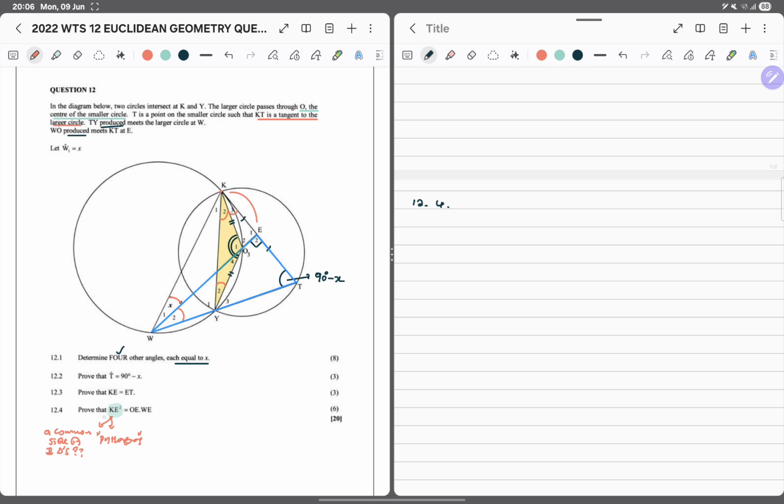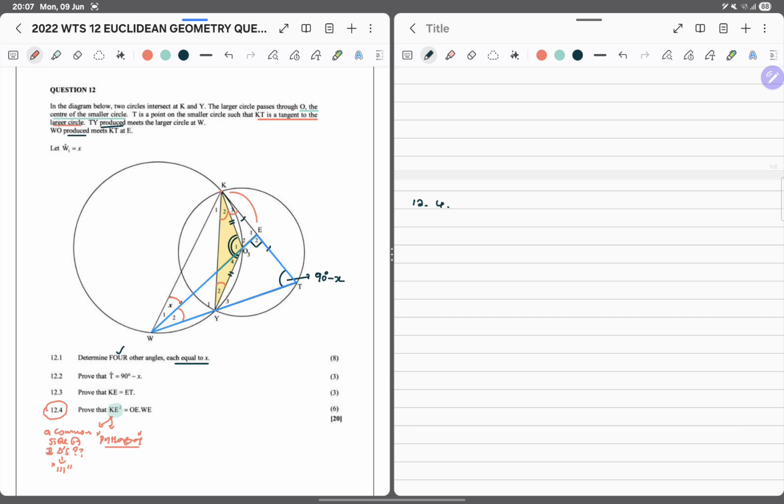So if we look at that KE, because once you see a square, just know it's a common side of 2 triangles that are similar, right? The triangles have to be similar. Then we know the proportionality of the sides is going to work in our favor there, because one side gets repeated, then the product becomes a square. Or we may need to think of Pythagoras theorem if we have a right-angled triangle where KE is involved. Usually those are the areas that help us in these kinds of questions.